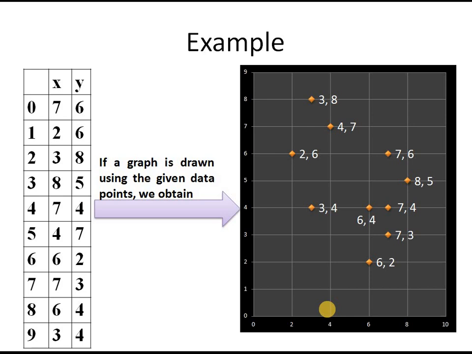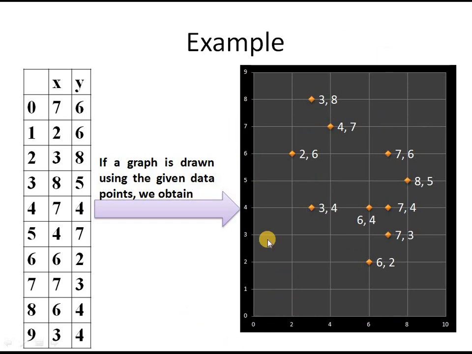Now we look at an example. We consider the coordinates shown in our table. We have 10 coordinates, x and y. If a graph is drawn using these given data points, we obtain this graph.